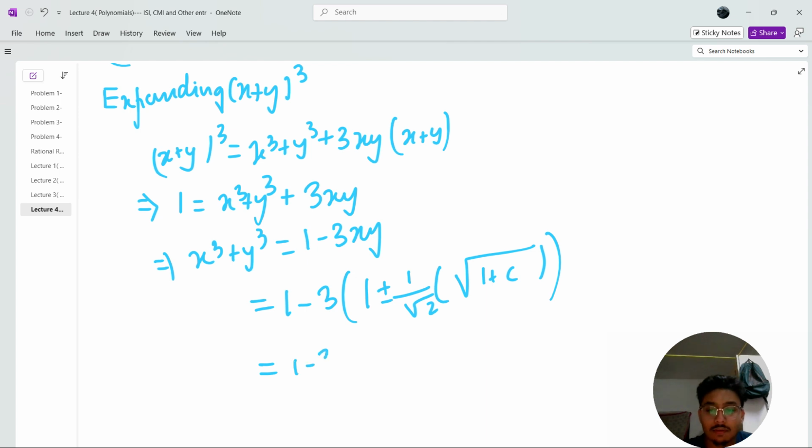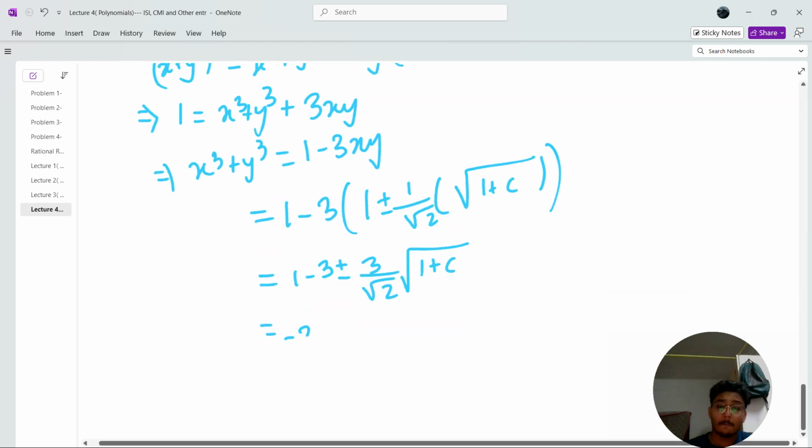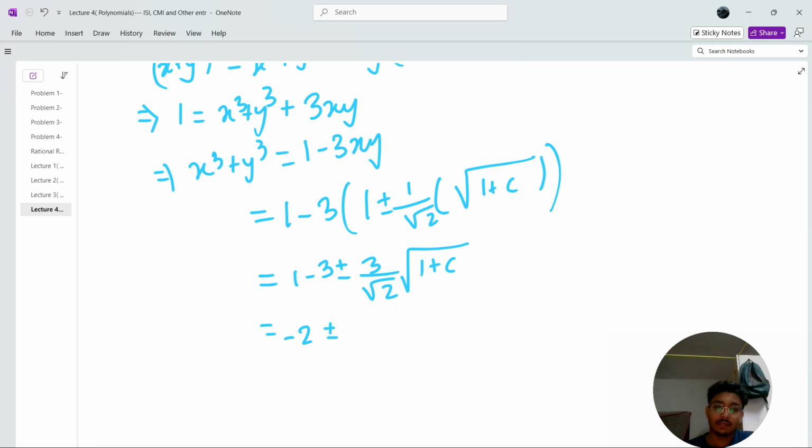So 1 minus 3 plus minus 3 by root 2 into root 1 plus c. That gives me minus 2 plus minus 3 into root over of 1 plus c by 2. Cool. This is one way. So this is my x cube plus y cube.